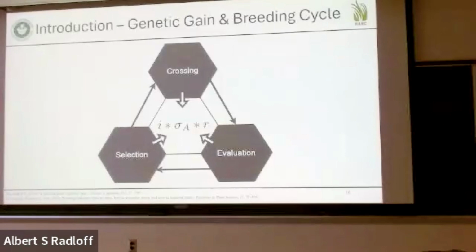So we might be forfeiting some gain in order to reduce the inbreeding of our population. Selection accuracy we can increase primarily through increasing the heritability for the trait that we're interested in. And the number of cycles we could increase either through predictive methodologies like genomic selection, getting multiple generations within a year, or increasing plant development through something like speed breeding, where we can get more generations within a given year.